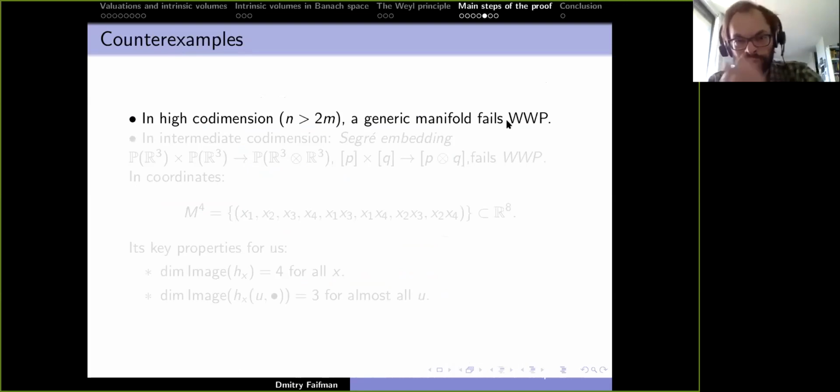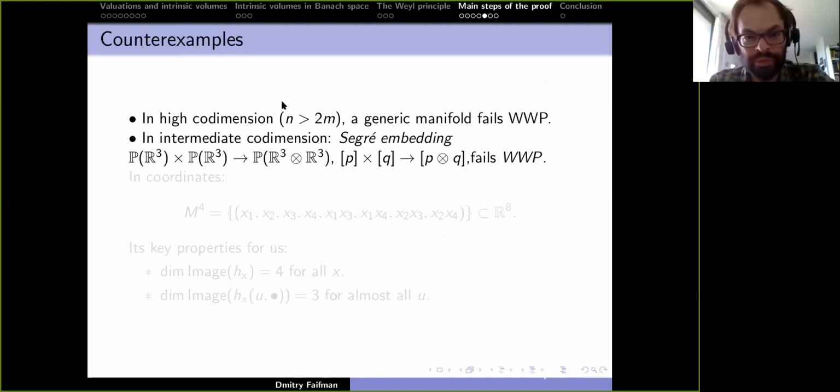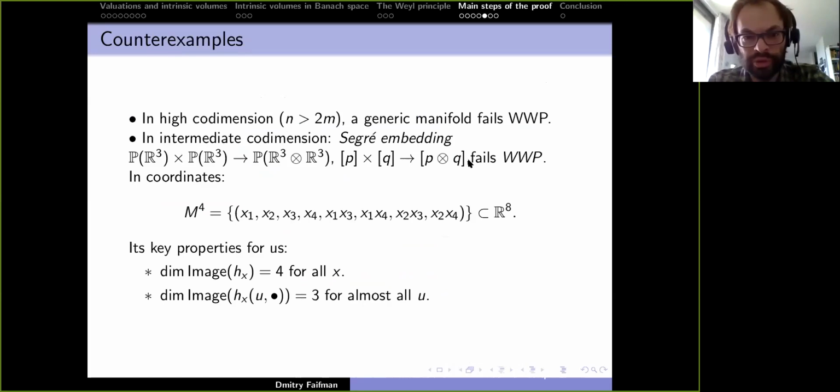But let me also tell you how to build a counterexample in intermediate codimension. It's going to be a 4-dimensional manifold in an 8-dimensional space, which is given by the Segre embedding. Let me skip the coordinates for the definition, and just tell you in coordinates what it looks like. So this is M^4. This is how it's parameterized. This is in R^8. And what is good for us is that it kind of mimics what a thing in large codimension does.